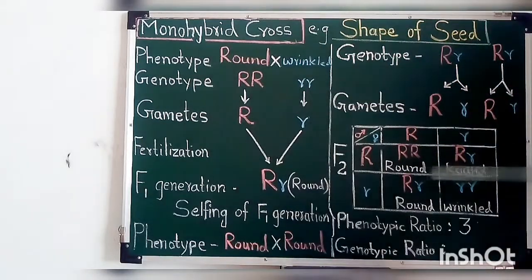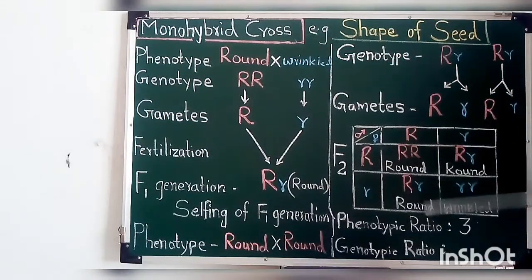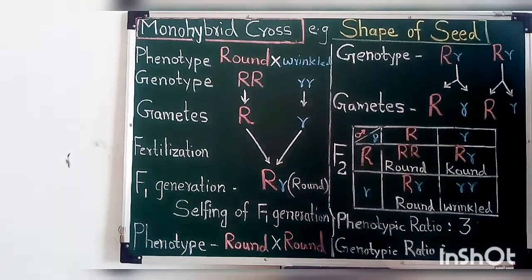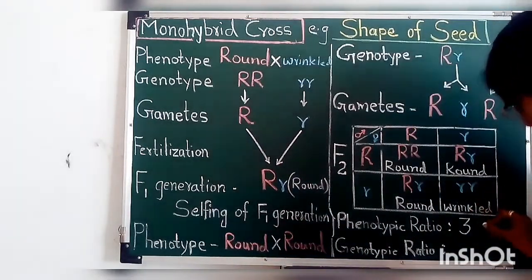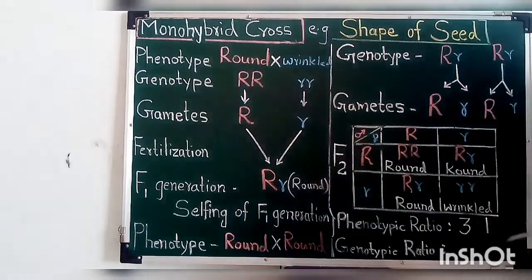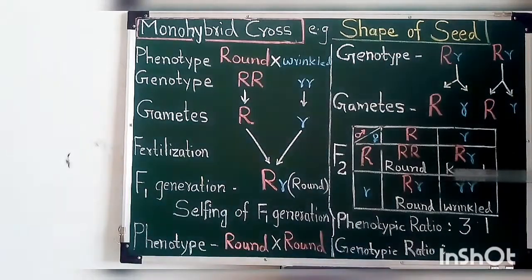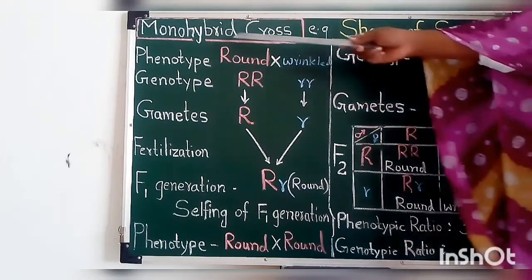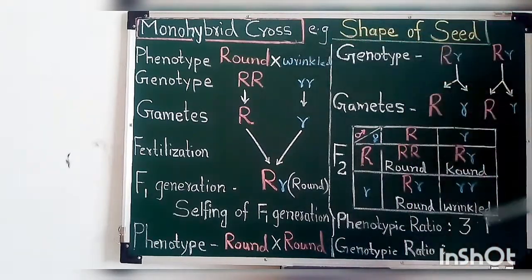And there is only one plant which is having wrinkled shaped seed, so for that we'll write the number 1. That means the phenotypic ratio for monohybrid cross is 3:1.